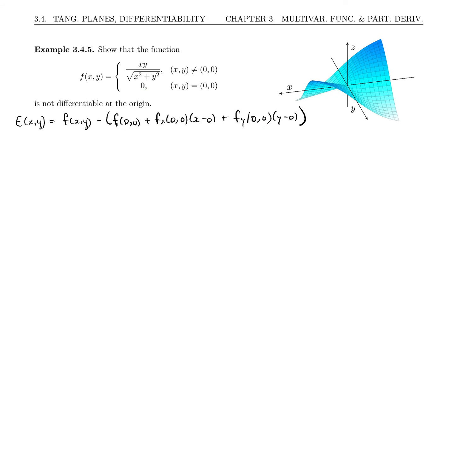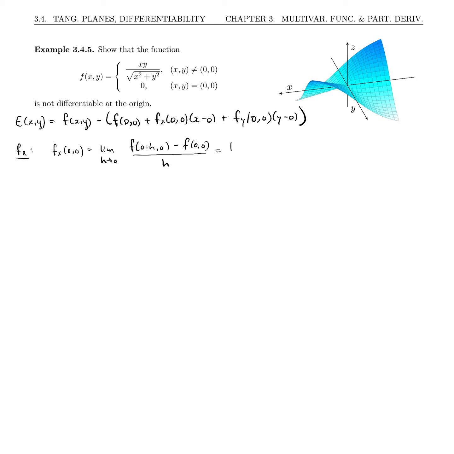So let's go and calculate f sub x first of all, and we'll do that using the limit definition. So f sub x at 0, 0 is the limit as h goes to 0 of f of 0 plus h, 0, minus f of 0, 0 over h.